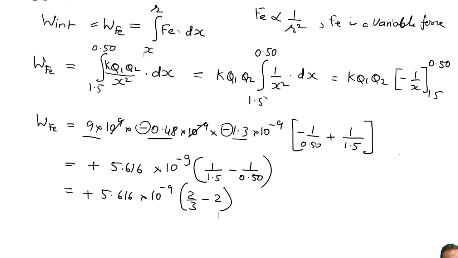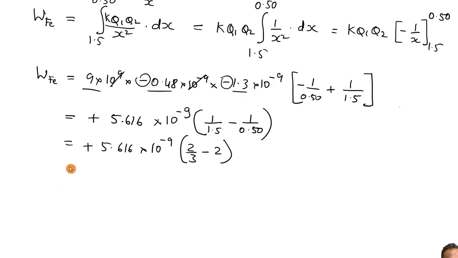Now this should work out to plus 5.616 into 10 raised to minus 9, and this bracket quantity will be 2 upon 3 minus 2, which is 2 minus 6 upon 3, that is minus 4 upon 3. Now again I am getting a plus and a minus, so my ultimate work done due to the electrostatic force will be a negative one, because plus into minus is minus.